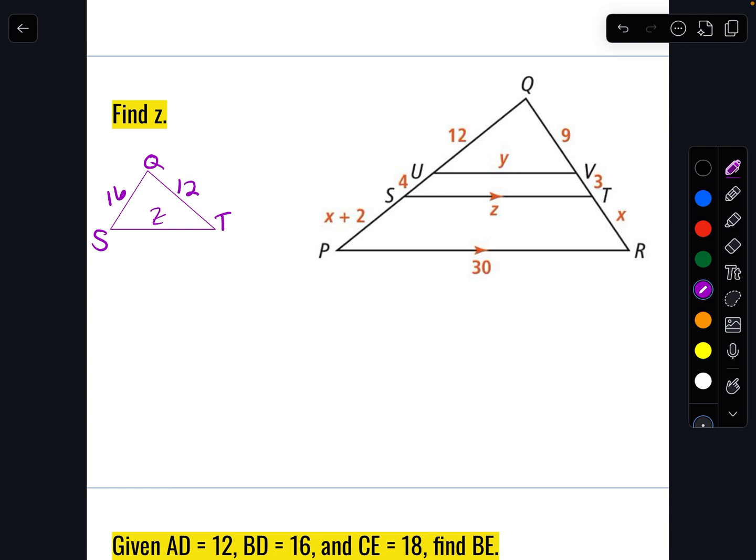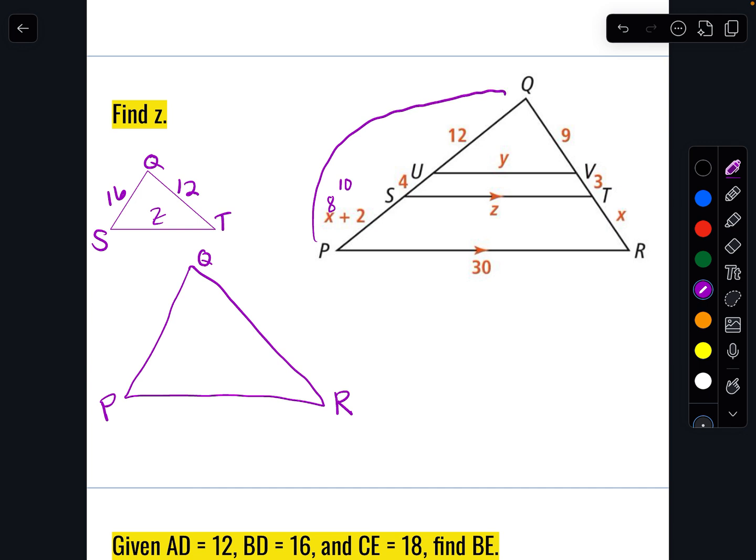And then if I look at the whole triangle, we have P, Q, and R. Recall we already figured out that x is 6, so this whole thing is 8.